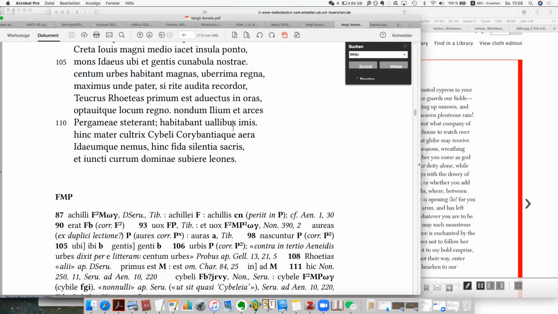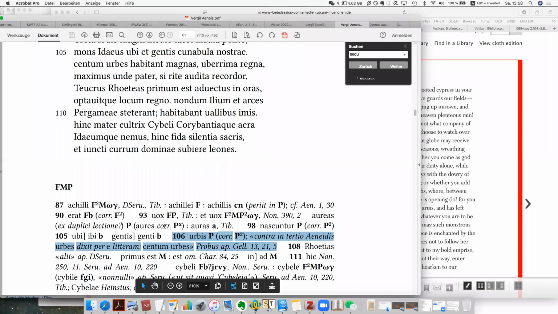But the advantage of the critical edition is that it tells us more information about the words, about the history. So let's check the textual edition. Let's check the apparatus, the commentary here.